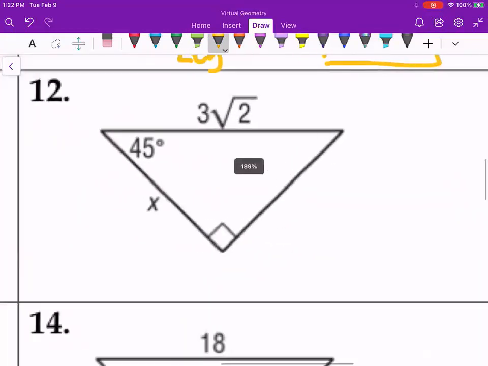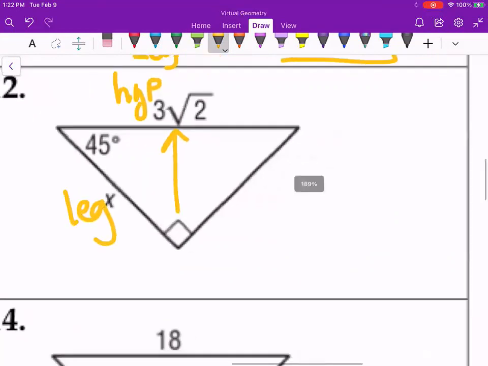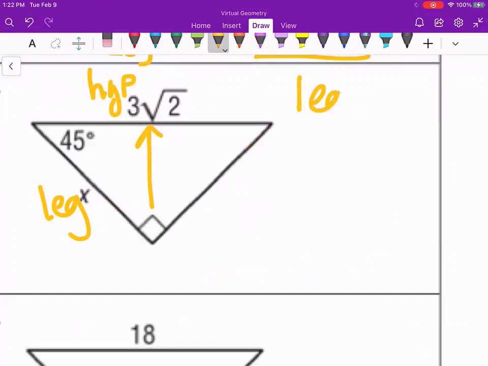All right, let's try example 12, working backwards this time because we need the leg. Across from 90 is the hypotenuse. So my leg is equal to hypotenuse divided by square root 2.